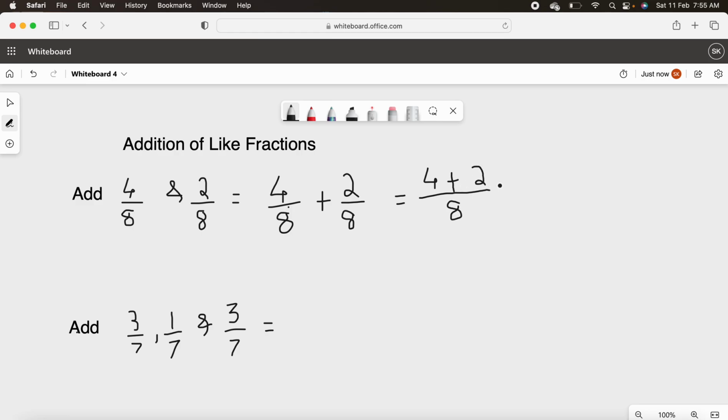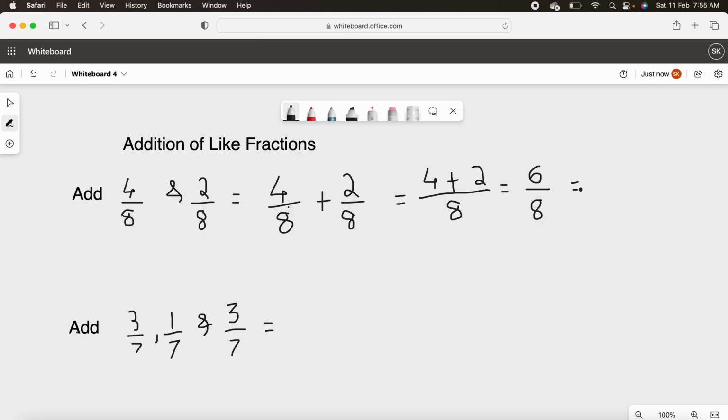Any question? I'll again repeat. Since they both have the same denominator, we'll write the common denominator here, and on top we add the numerators 4 plus 2. The answer is 6 by 8. 4 plus 2 is 6, and the denominator is 8.